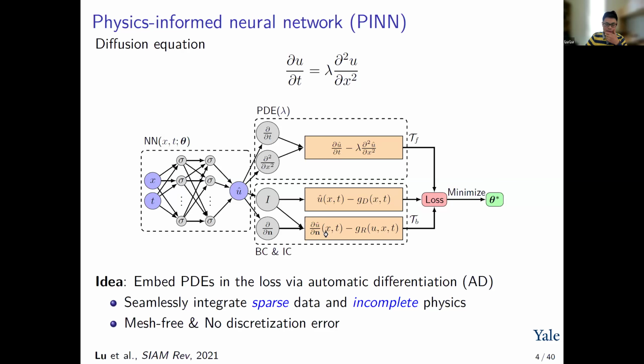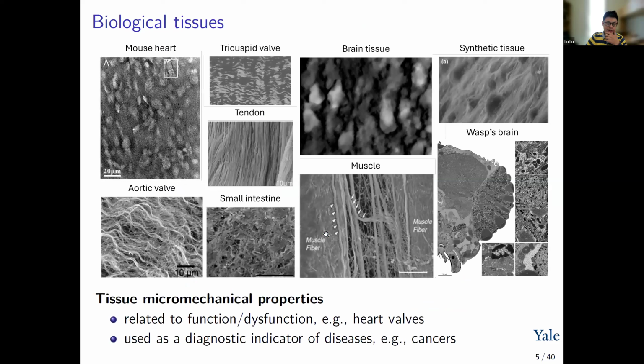And now let me show you one specific application we did recently to show the advantage of PINNs on real applications. This is a biological problem. Here I show you many different biological tissues, from heart tissue, aortic valve tissue, and brain tissue, and many other different tissues.